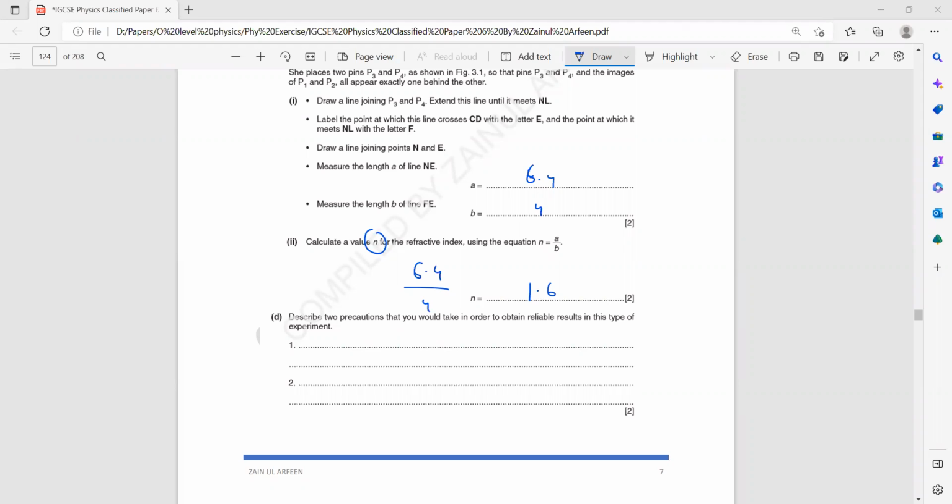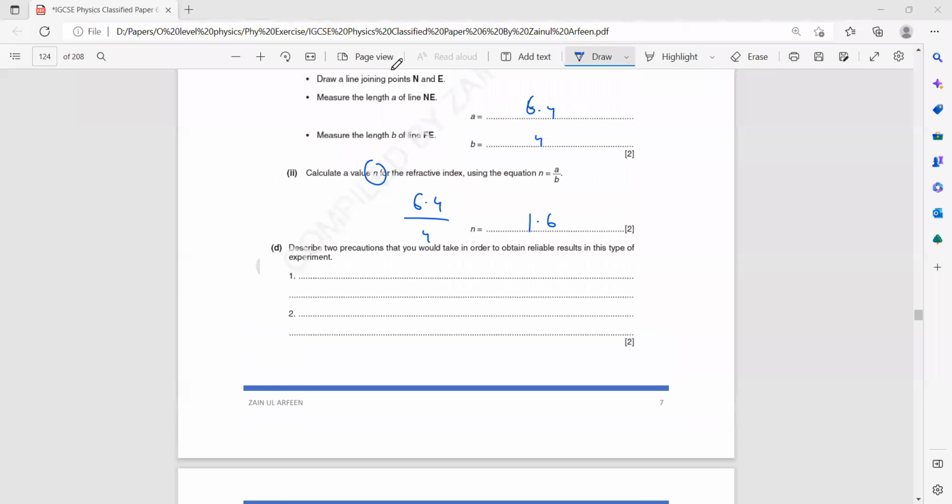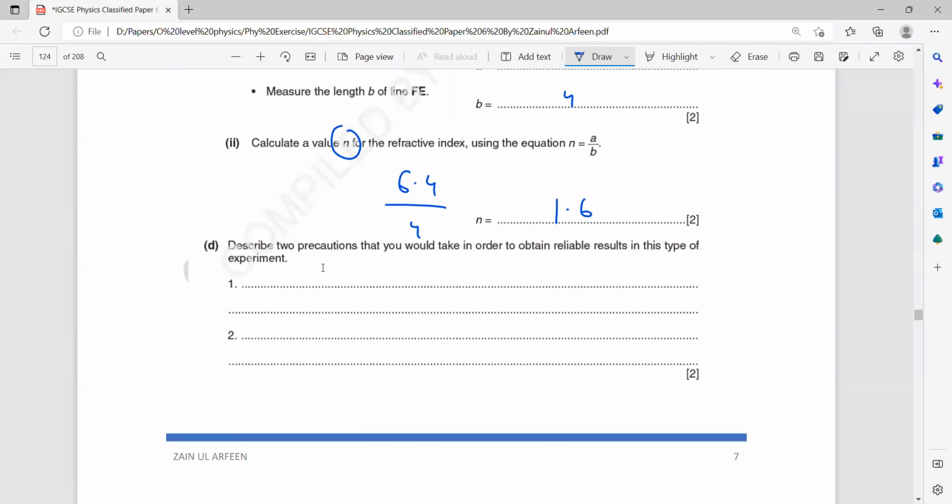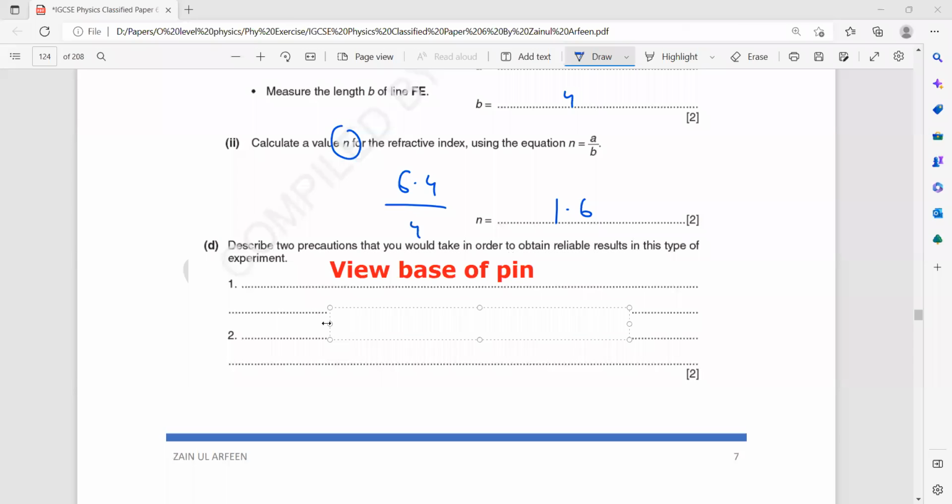We should use thin lines to draw the trace, because if we use thick lines, then the angles will be different. So what points you have to keep in mind whenever you're doing such experiments? View the base of the pin, the bottom, and use large spacing between the pins.